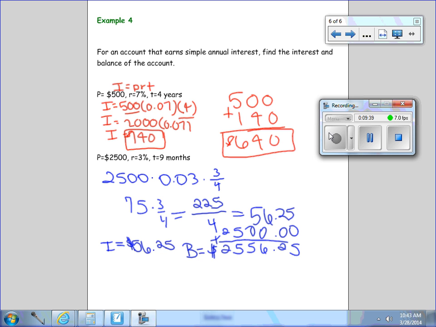Then we just did the order of operations here, and we went from left to right when we were multiplying. 2,500 times 3% is 75. 75 times 3/4 will be equal to 56.25. We took that, added it to our principal, and had a final amount in our bank account of $2,556.25.